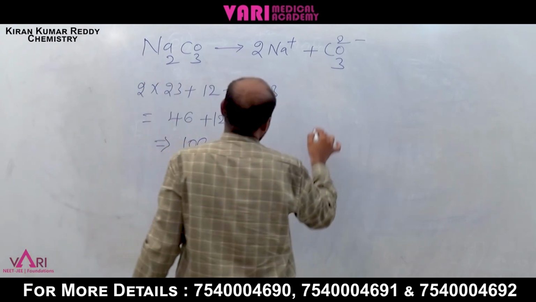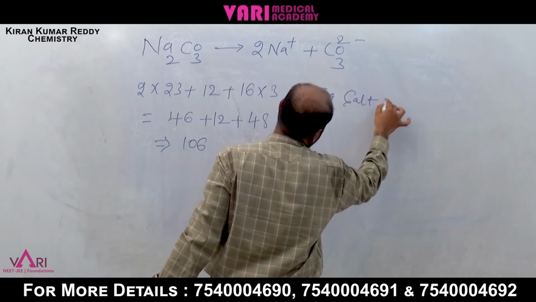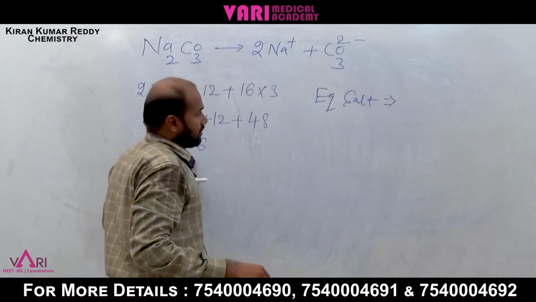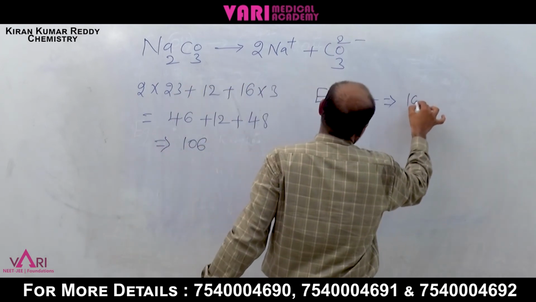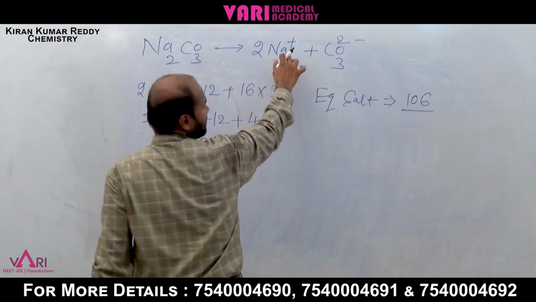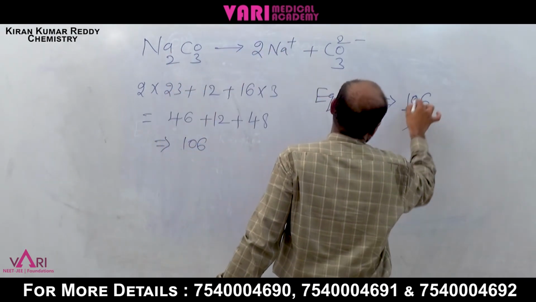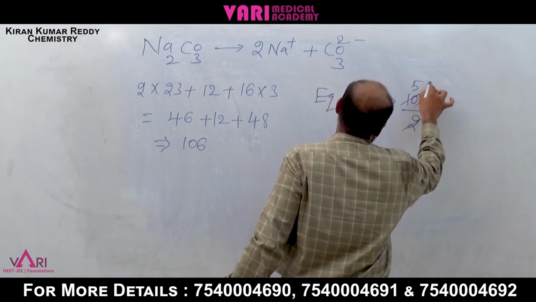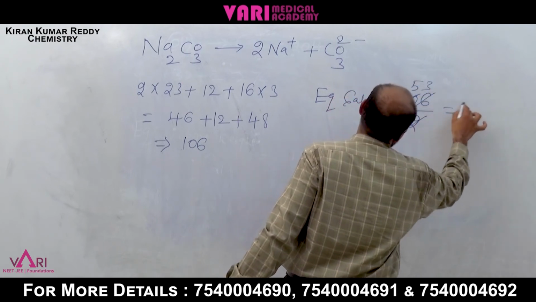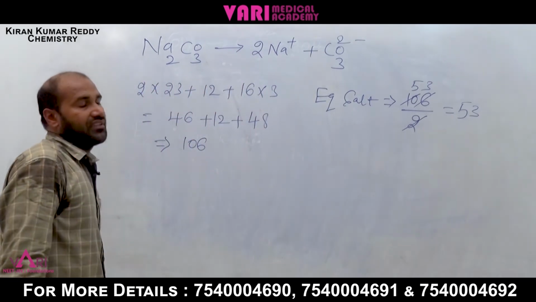Now it is 106. Equivalent weight of salt is equal to molecular weight, which is 106, divided by total positive charge on the cation, 2 plus, so we take 2. That is 53, the gram equivalent weight of Na2CO3.